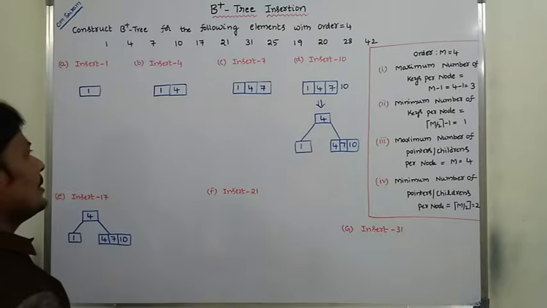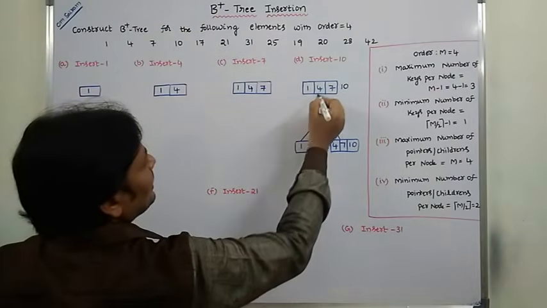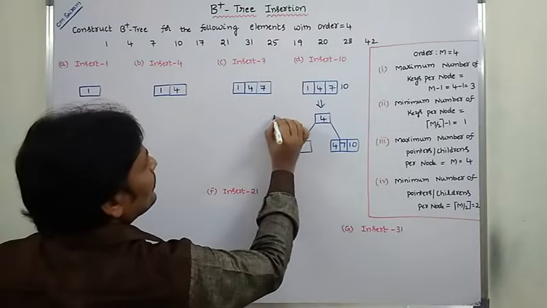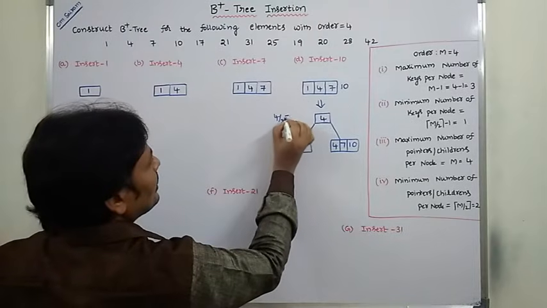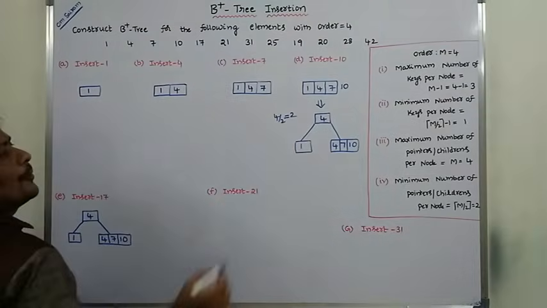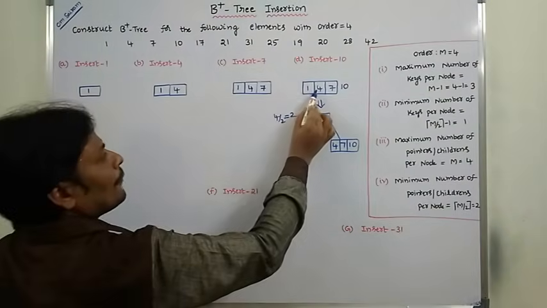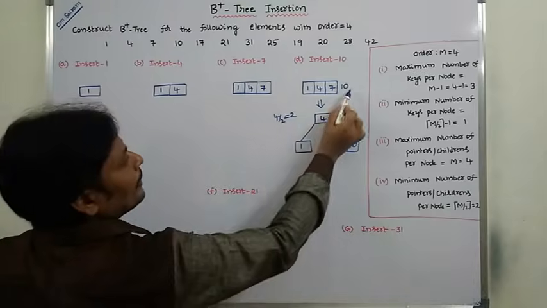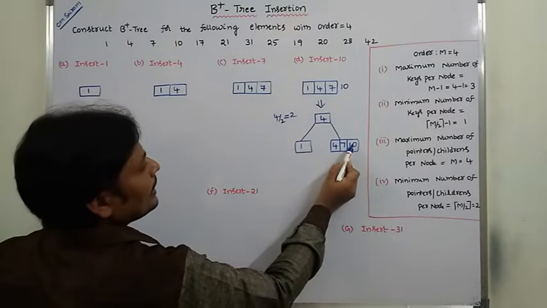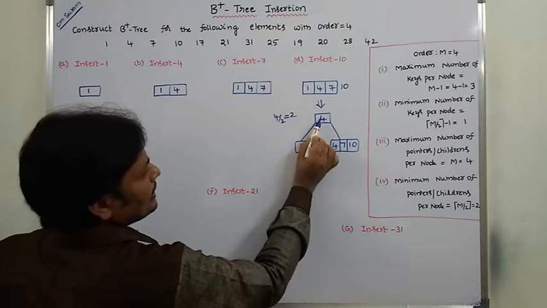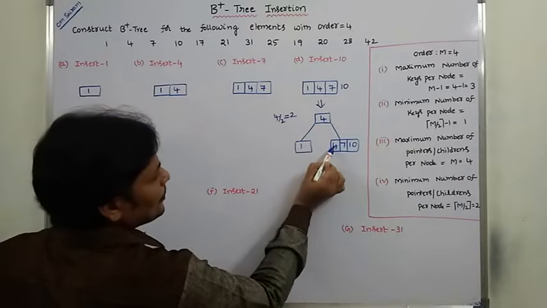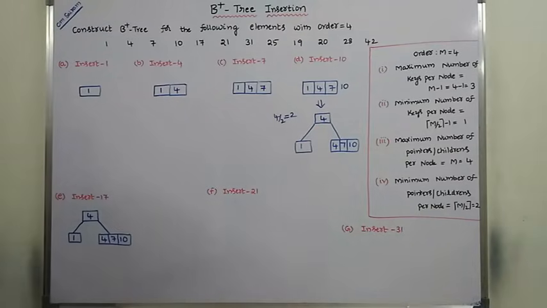So here middle element is 4. 4 by 2 is equal to 2. So middle element is 4. 4 can be taken as root. 4 left child is 1. 4 right childs are 7 and 10. In addition to that, this element copy is also stored into that same node.